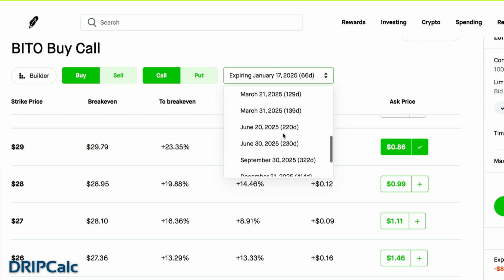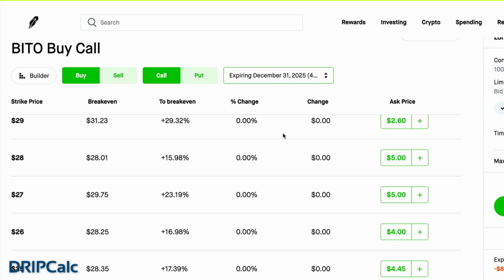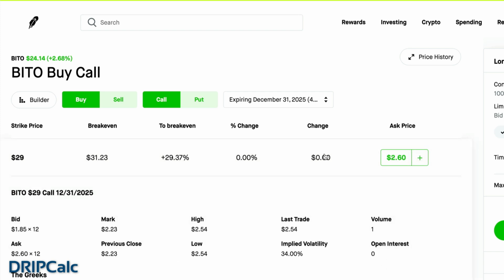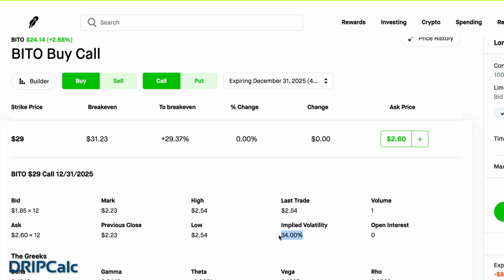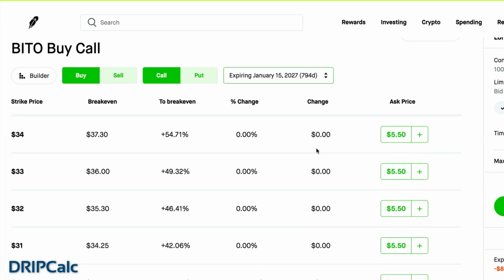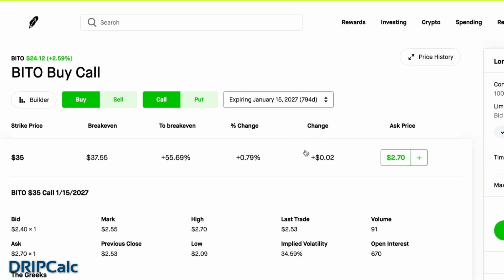What I'm waiting for right now is for BITO to go up really high, for example $30. I also want the implied volatility to go up, because right now it's pretty low, but once implied volatility gets up, you collect a lot more money for selling covered calls. When it gets to $30 or around there, I'm not even sure how high Bitcoin has to go, and I will discuss that in my investment strategy, but I'm assuming that when it goes to $30, I can sell a January 2027 call really high for about $5, for a $45 strike, or maybe even a $42 strike.